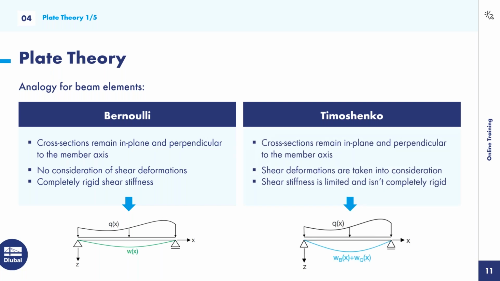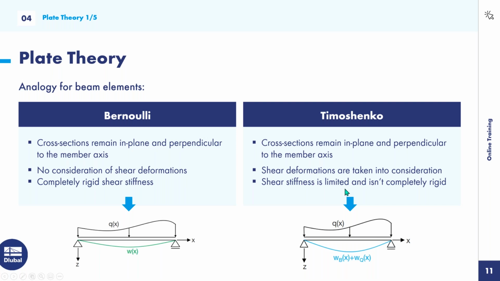The assumptions we make with the Timoshenko theory are that the cross sections remain in plane, but they don't remain perpendicular to the member axes. So the shear deformations are taken into consideration here, and the shear stiffness is limited and is not completely rigid.